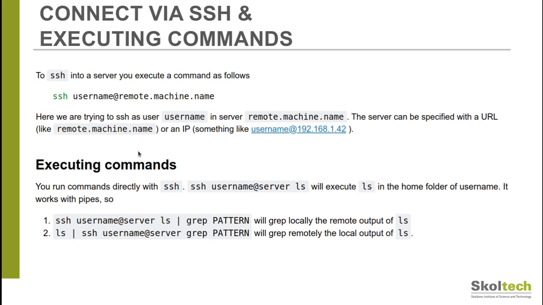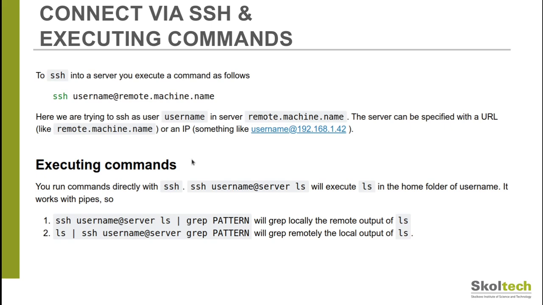The server can be specified with a URL like remote.machine.name or an IP, something like username@number.number.number.number. If you properly modify the SSH config, you can use a shortcut for such a connection.